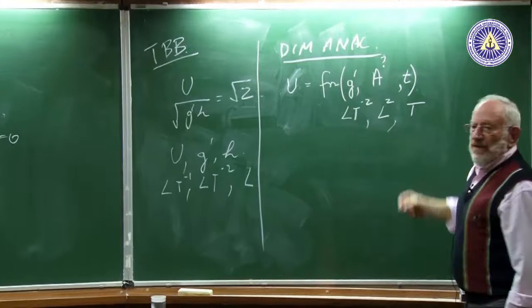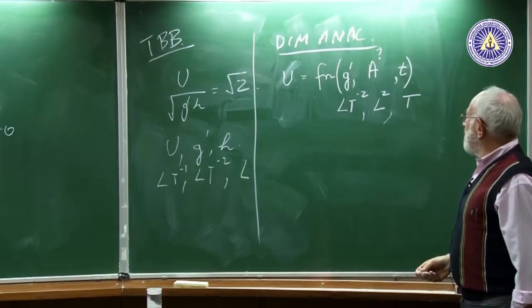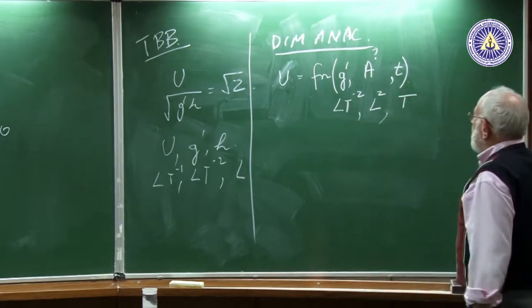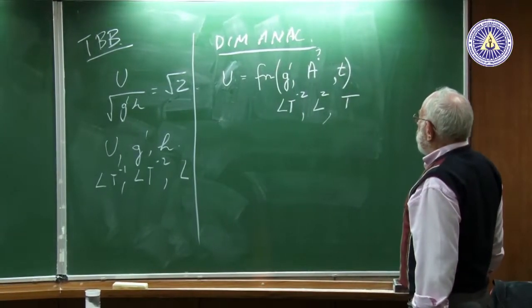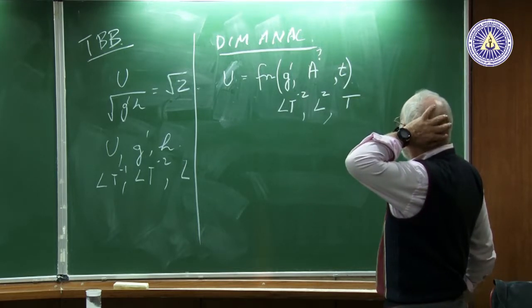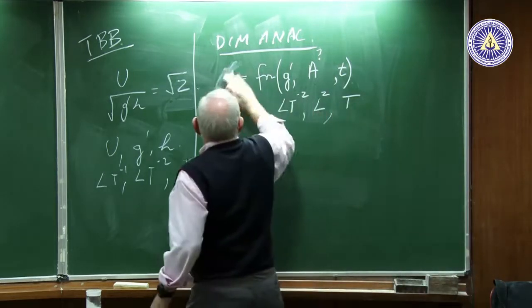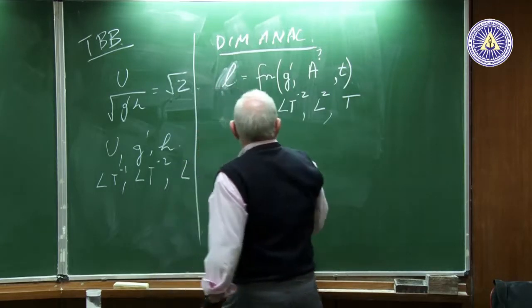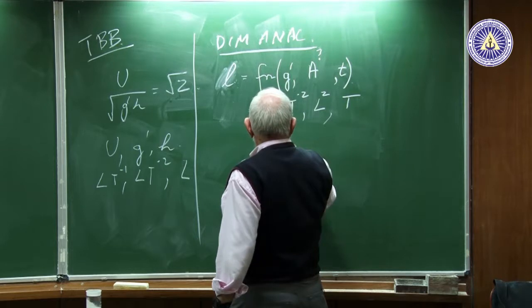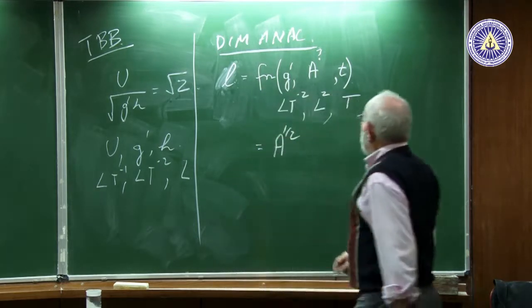It must depend on these parameters. Okay, well, I wanted to have dimensions. No, I was right in the first place. What am I doing? I wanted to have dimensions of a length. So let's start with A to the half.